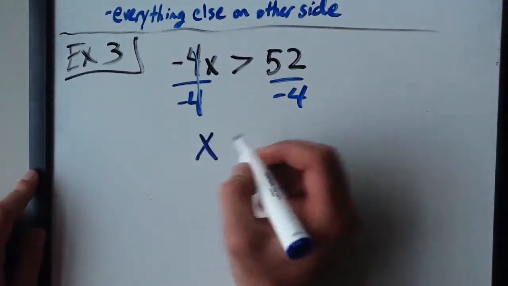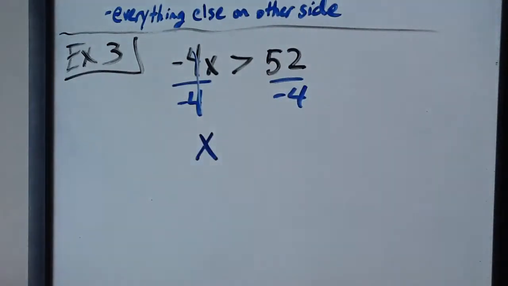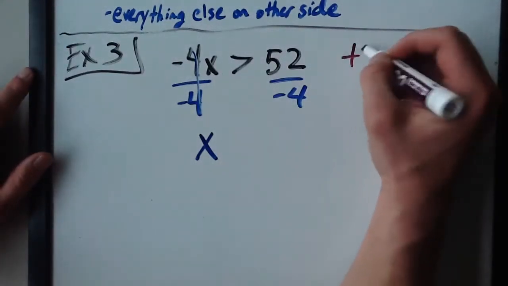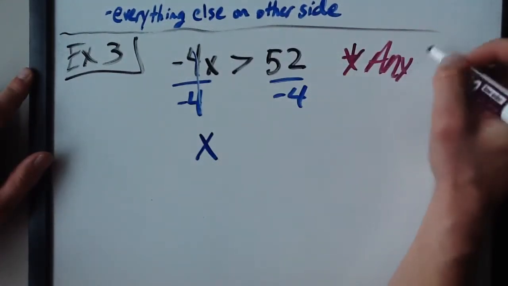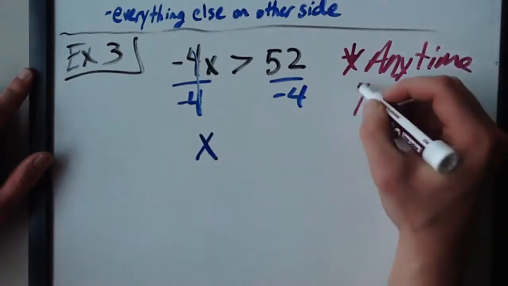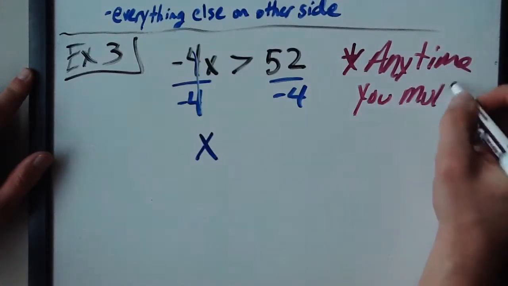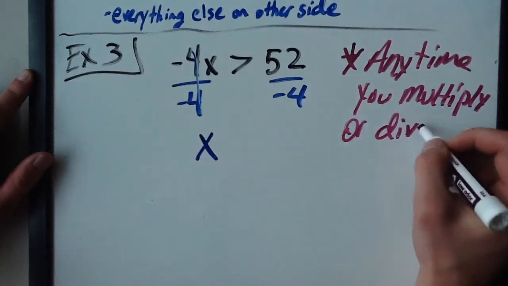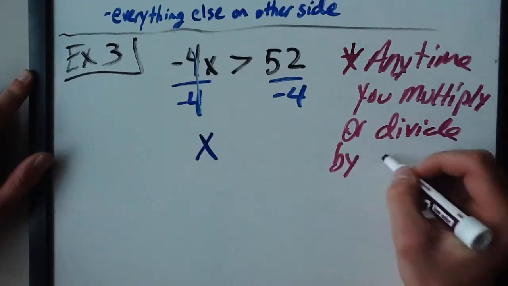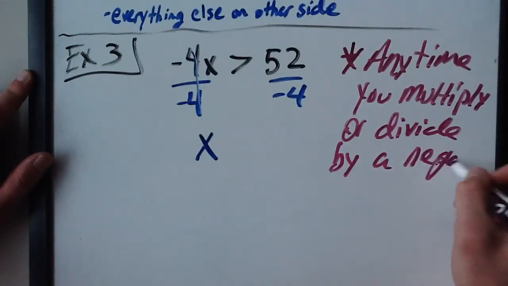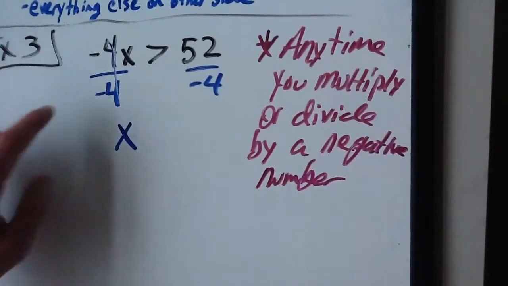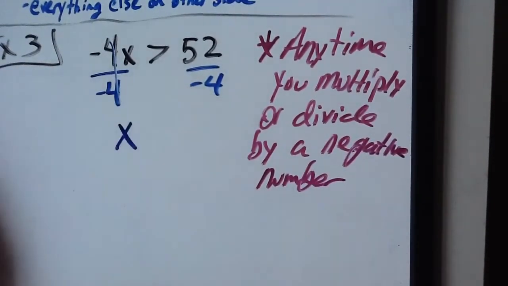So I get x. Now, here is the main thing for inequalities that you have to remember. I'll write it over here. Anytime you multiply or divide by a negative number, which here we did, right? We divided by a negative number. We divided by negative 4.